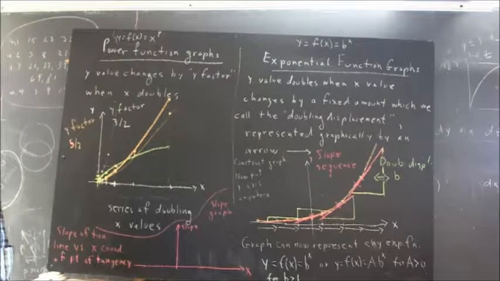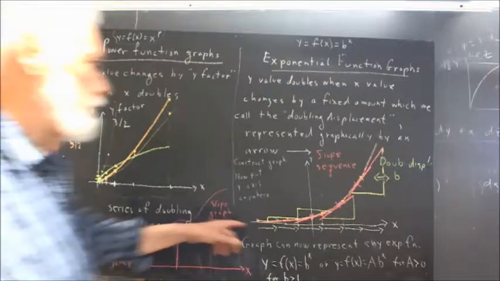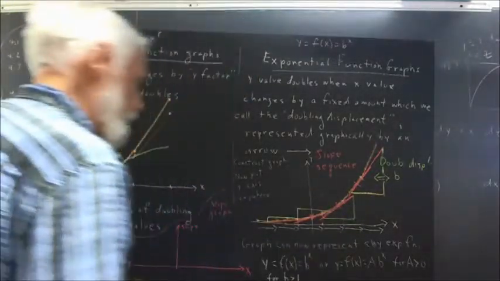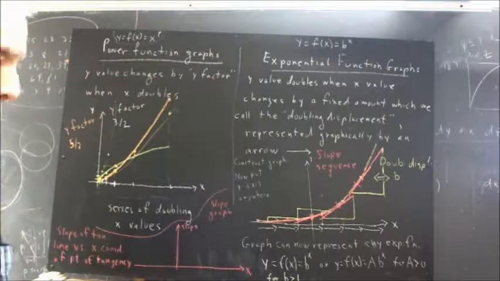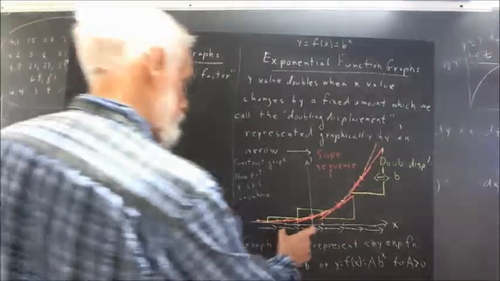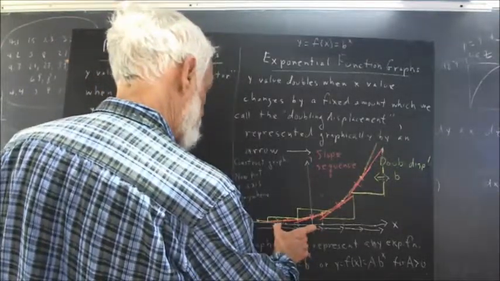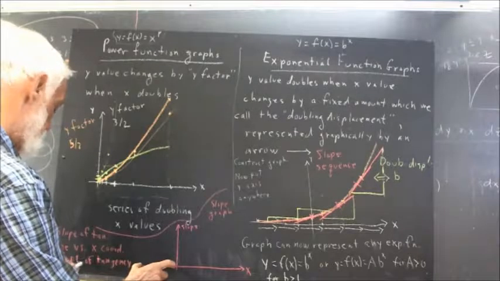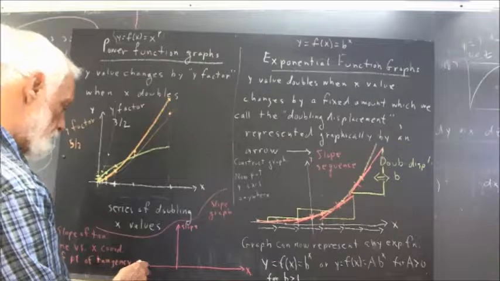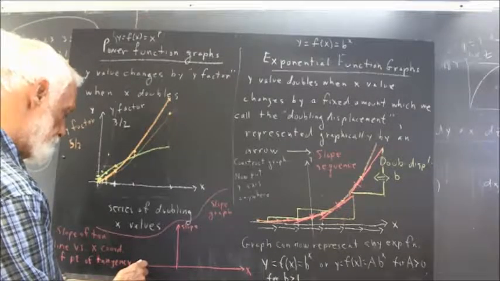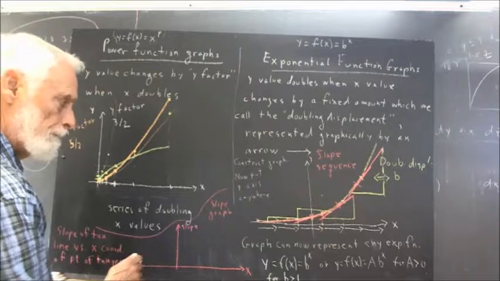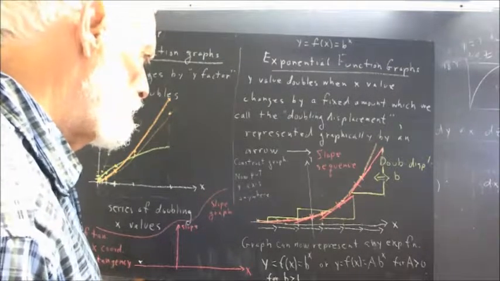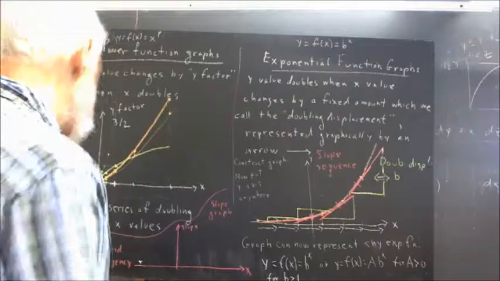But in any case, right there, we have slopes doubling, and the x value at the point of tangency here is about this. So I'm going to say, okay, I'm going to put a point here. No, wait a minute.